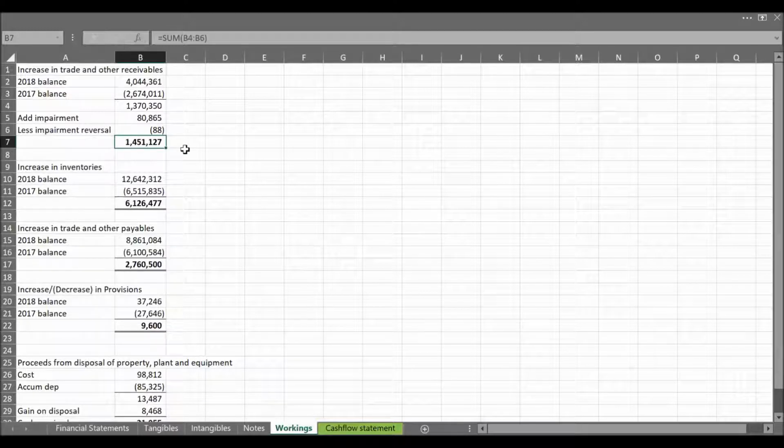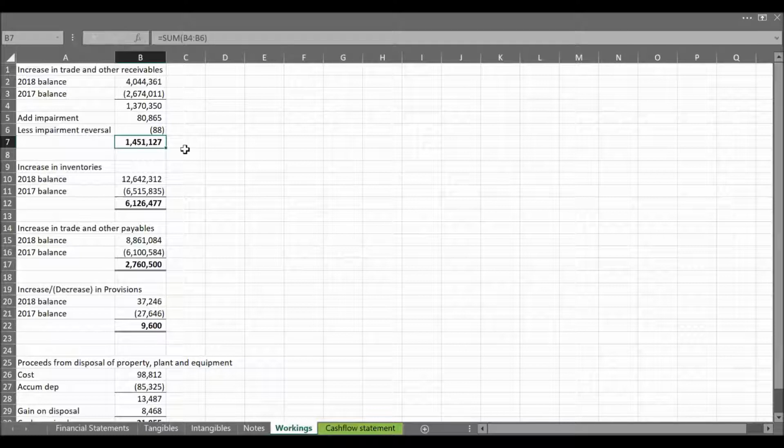Okay, so are we going to add it to our cash flow or deduct it from our cash flow? The bottom line to note when making this decision is that if your current year asset balance is more than the prior year asset balance, it means that you have prevented cash from coming in.